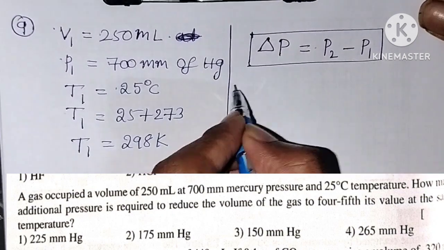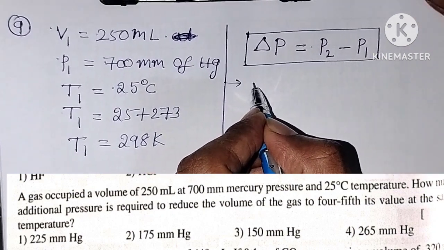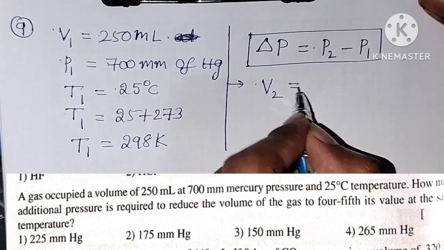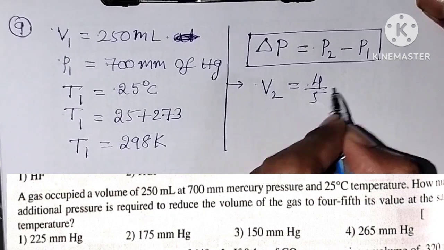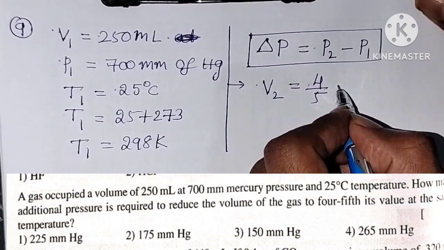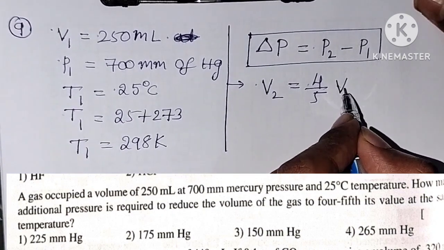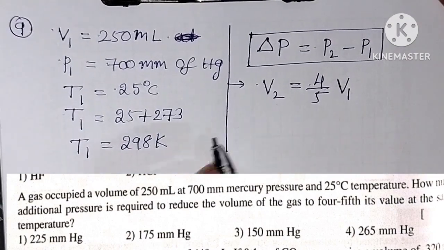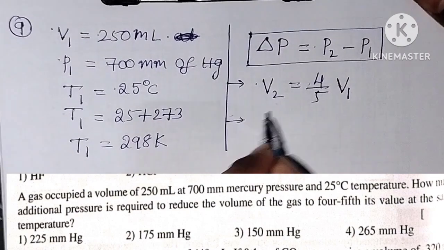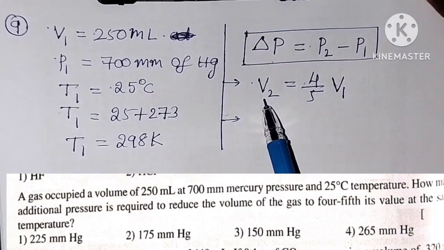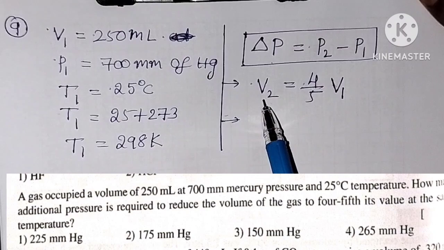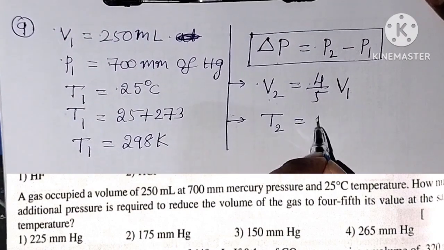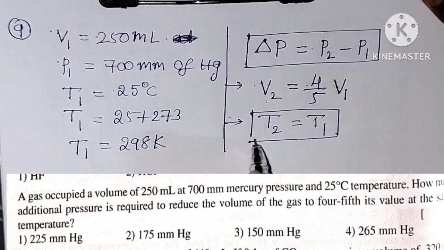How much additional pressure is required to reduce the volume of a gas to 4/5 of its original value at the same temperature? So initial volume is V1, and the final is 4/5 of V1. T2 is equal to T1. So this is the given data.